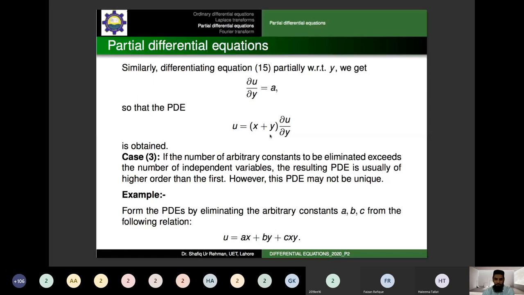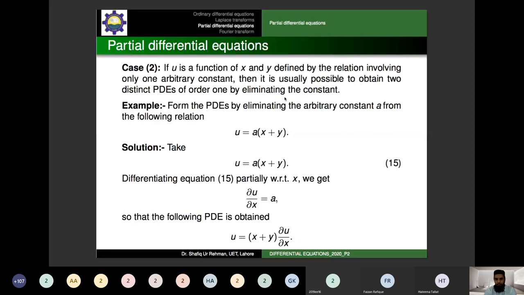So that's what we have discussed. It is usually possible to obtain two distinct partial differential equations of order 1 by eliminating the constant. The relation is a function of two independent variables but involves one arbitrary constant, so the number of arbitrary constants is less than the number of independent variables.